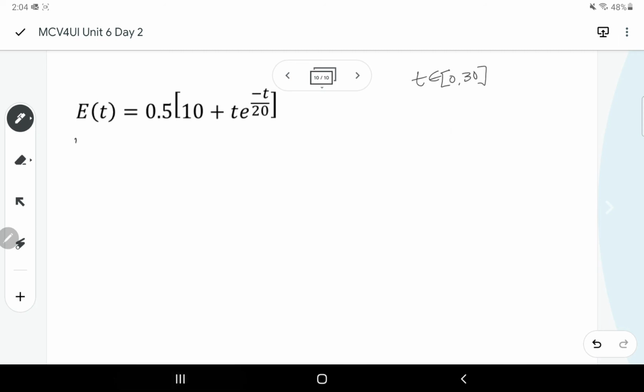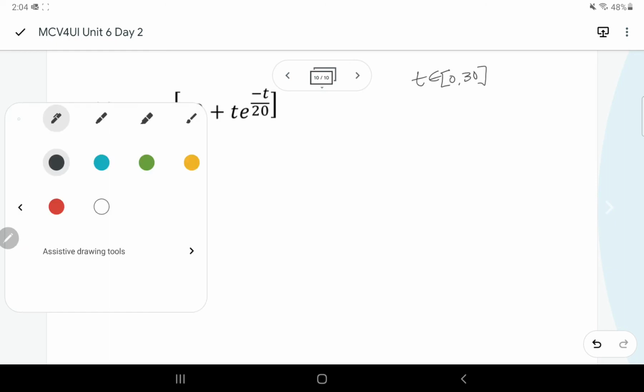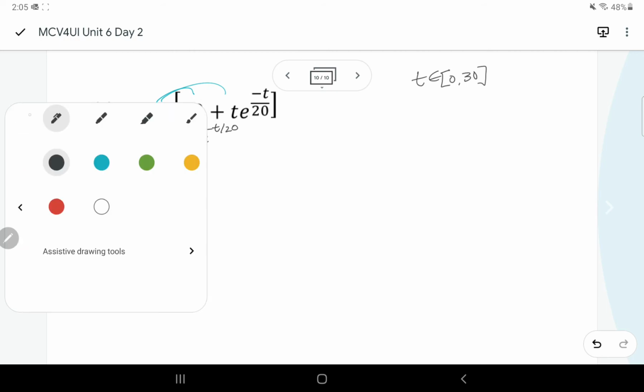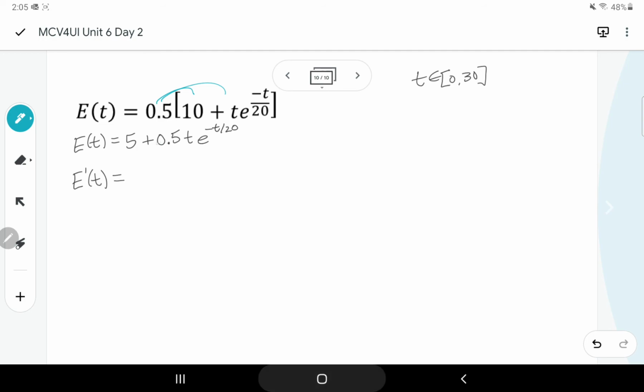So here I'm going to simplify this first. I'm going to multiply this 0.5 in. So I get 5 plus 0.5t times e to the exponent negative t over 20. Then the derivative of that, the derivative of 5 is just gone. And now I have to look at this as a product rule.